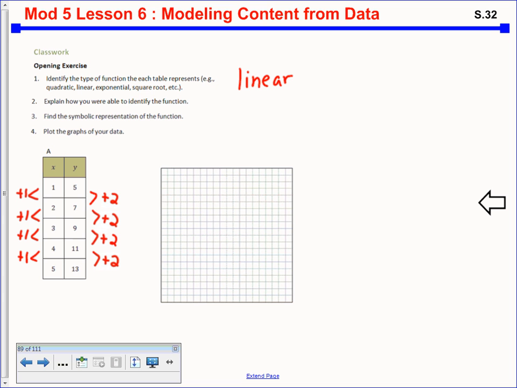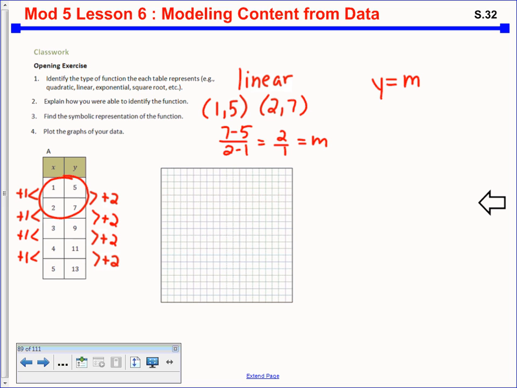Okay, a couple of ways now that we could find this equation. I could take two ordered pairs, (1, 5) and (2, 7), which I'm just getting from my table, and I could calculate my slope, which I would get as 2 over 1. And then I could substitute that into y = mx + b, and again, choose one of the ordered pairs for your x and your y, and find my b.